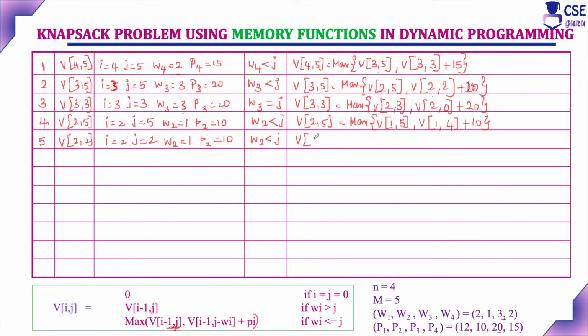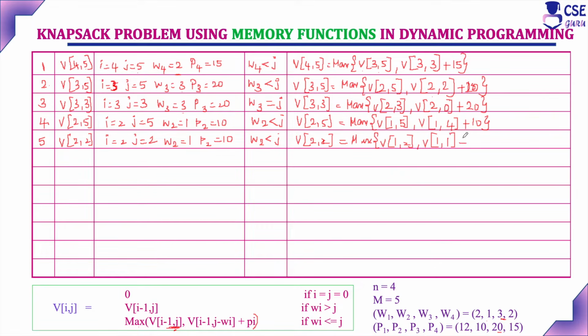So same formula. V of 2 comma 2 is equal to maximum of V of I minus 1. I is 2. 2 minus 1, 1, comma J is also 2. Comma V of I minus 1, comma J minus WI. J is 2, 2 minus 1.